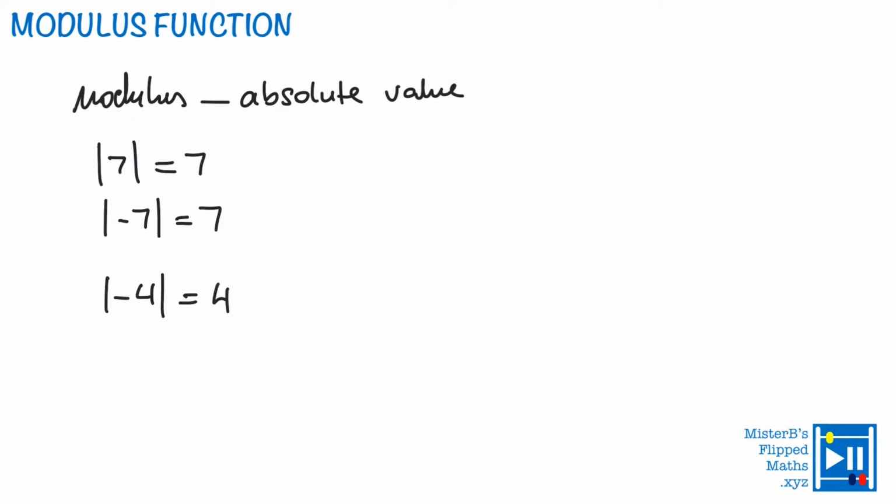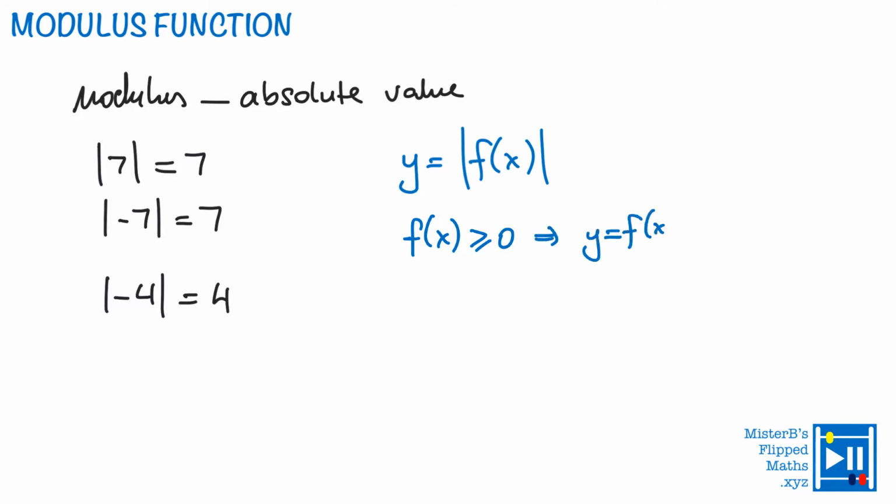Now what happens if we have a function? Well, if you write it like y equals f of x, then if we're talking about the modulus function, we just put that function into absolute value. So what does that mean? This means if f of x is positive or 0, then we can write the function as y equals f of x.